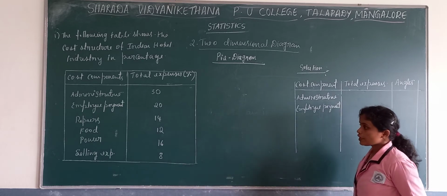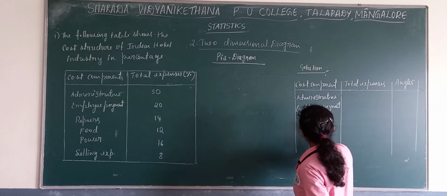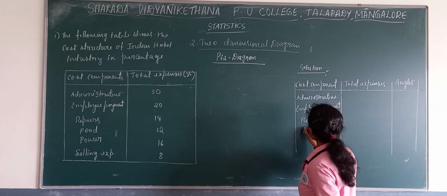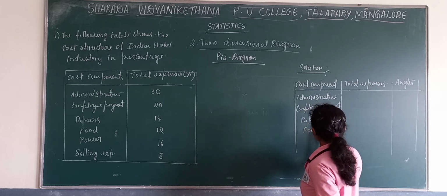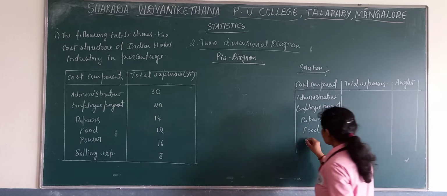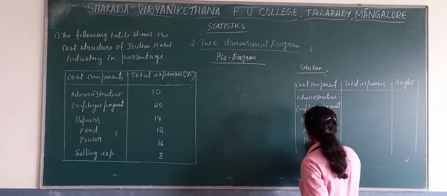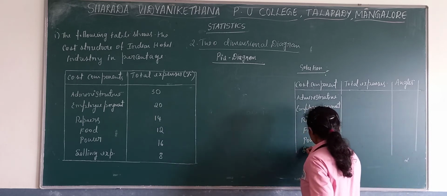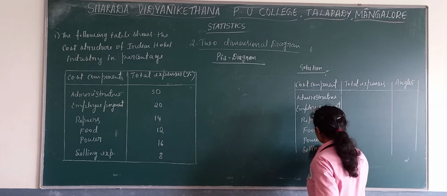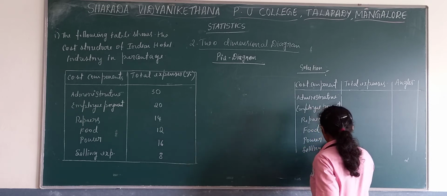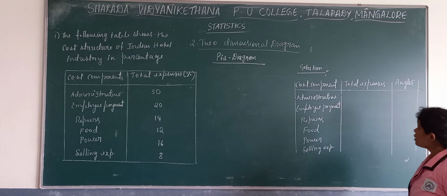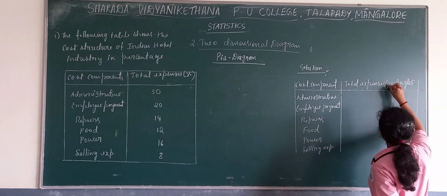Then repairs, food, then power, selling expenses. Now it's in percentage.